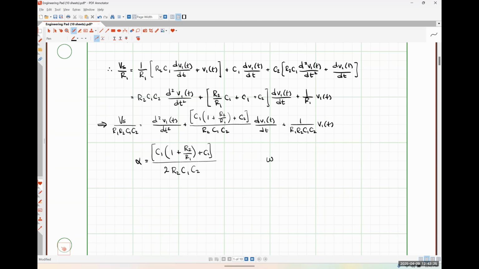And omega naught is going to be the square root of 1 over R1 R2 C1 C2, because omega naught is simply the square root of the coefficient on the 0th derivative term.